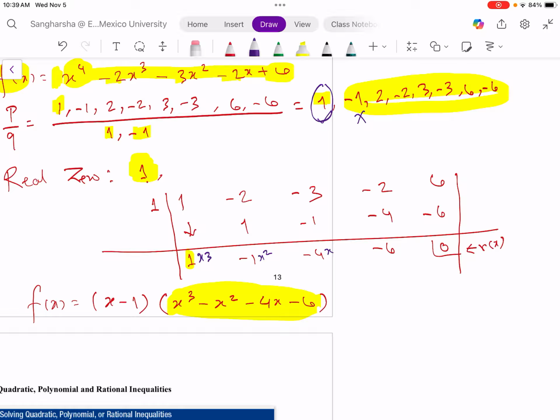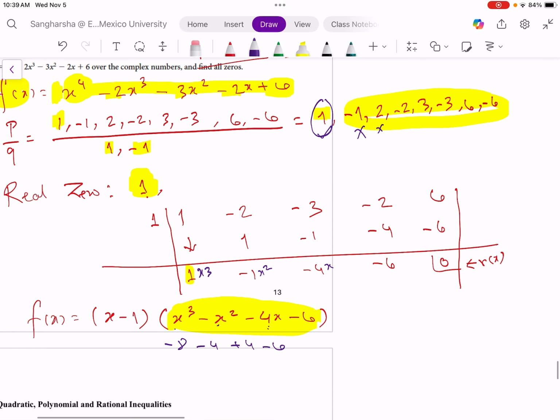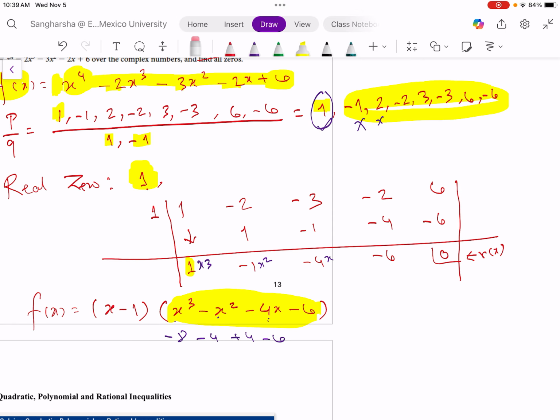Let's try 2. So 2 cube is 8, right? 8 minus 4, that is 4 minus 8. Minus 4, okay, this is not. What about -2? So -2 is -8, -4, +4, -6. Is it 0? No, this is not 0. Okay, now so this is not.